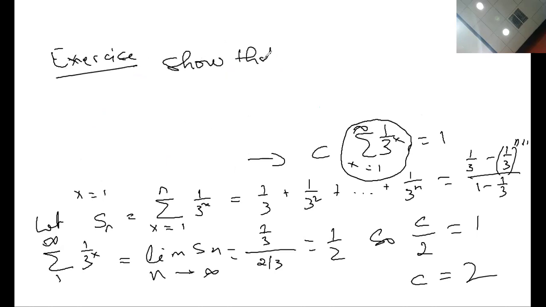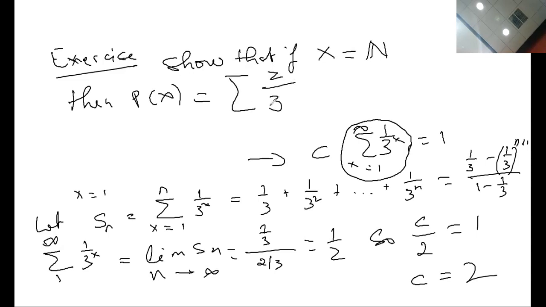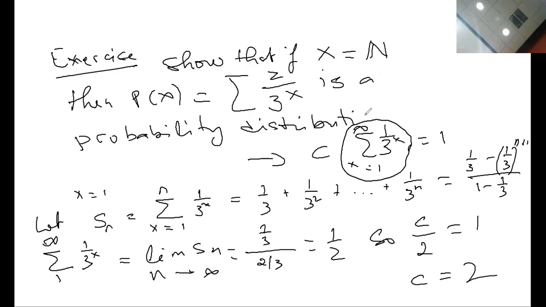Show that if X is equal to the set of natural numbers, 1, 2, 3, 4, 5 to infinity, then P of x equals 2/3^x is a probability distribution function on X.